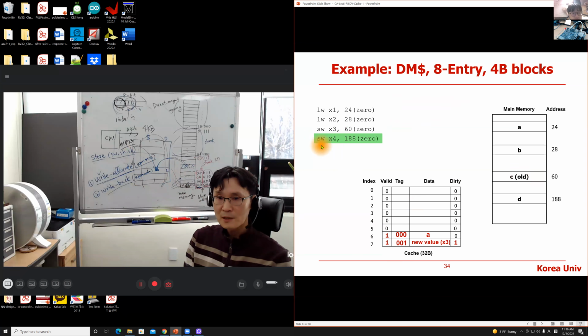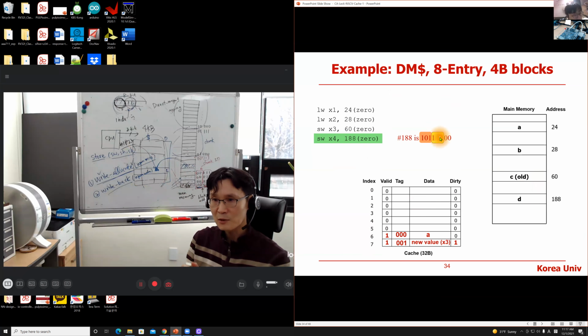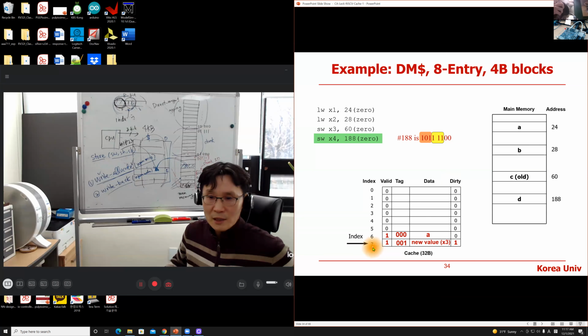Now, the last instruction, a memory update instruction to location 188. So 188 is this number in binary. Then you need to search the cache first, right? This one is also a little bit complicated. 111, so you are searching cache entry number 7. Hit or miss?